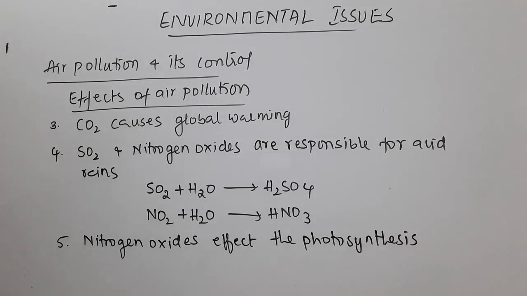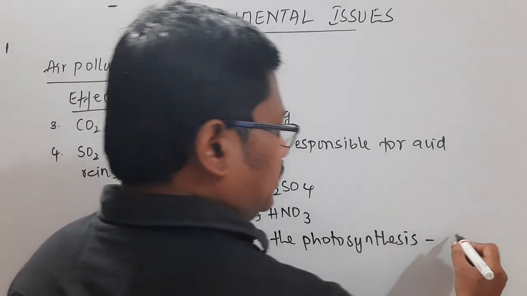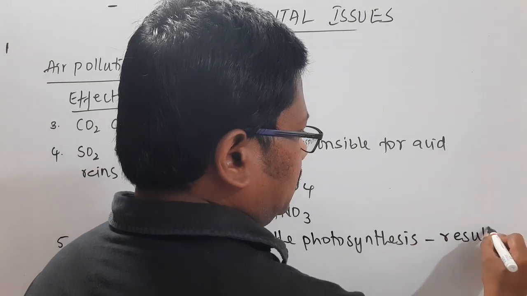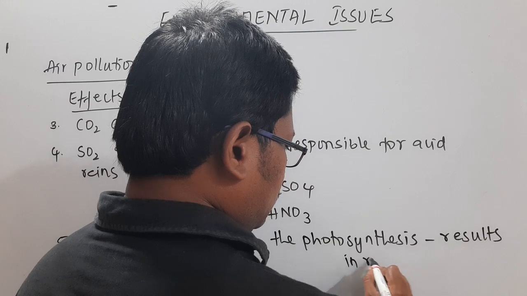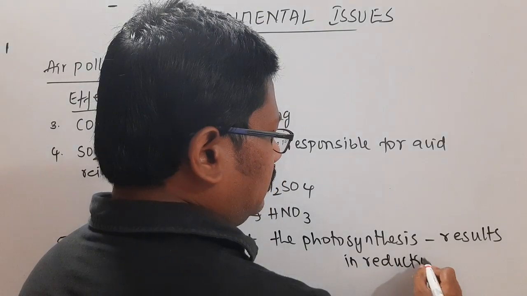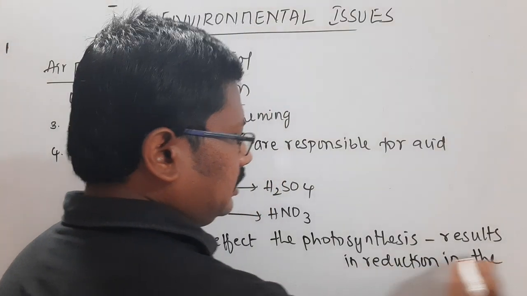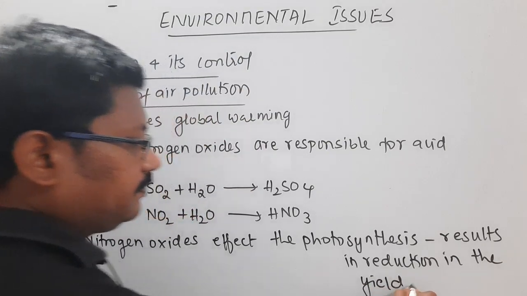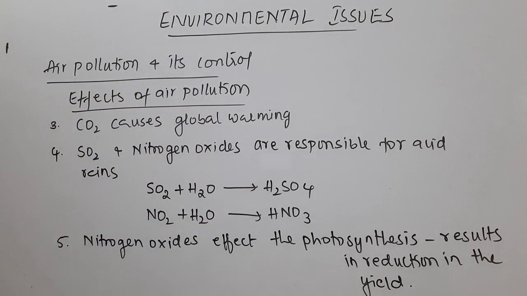Because of this, there will be a reduction in the yield. So the nitrogen oxides affect photosynthesis, and because of this, there is a reduction in the yield.